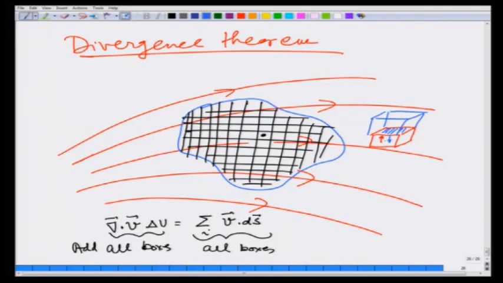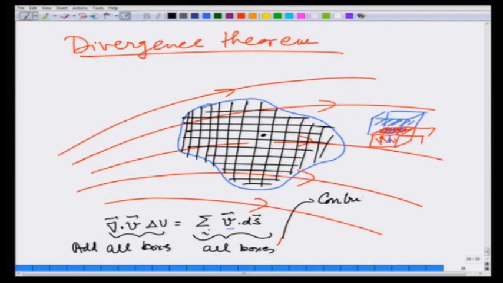They are opposite in sign. Therefore, suppose V dot ds gives positive for the lower box, it will give negative for the upper box. So, the contribution on the surface from this common surface will cancel. Not only these 2 boxes, any 2 adjacent boxes this will happen.